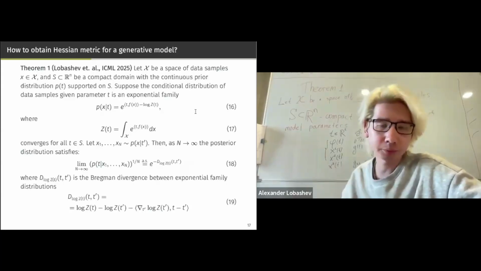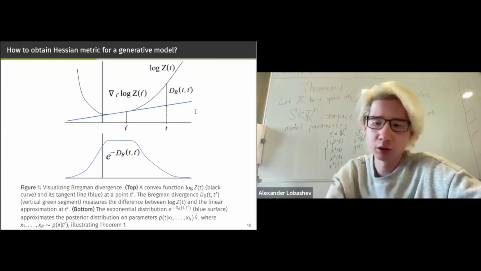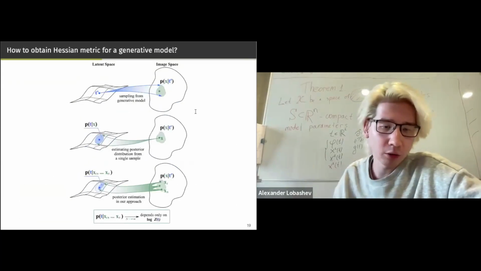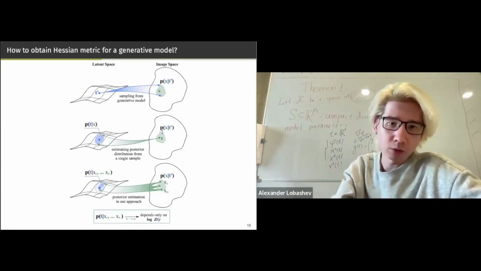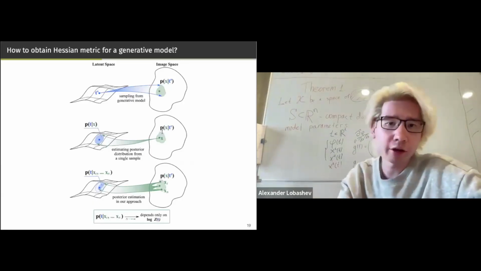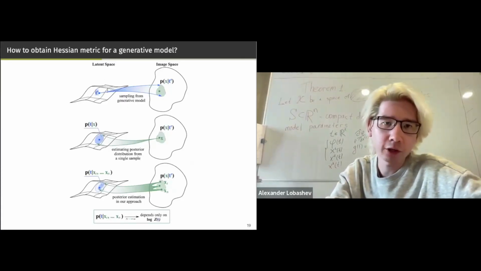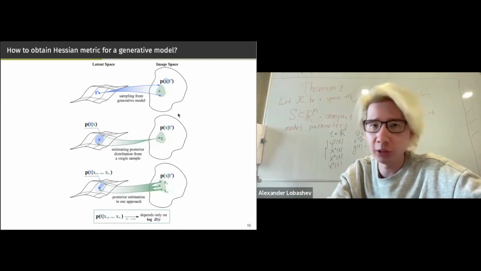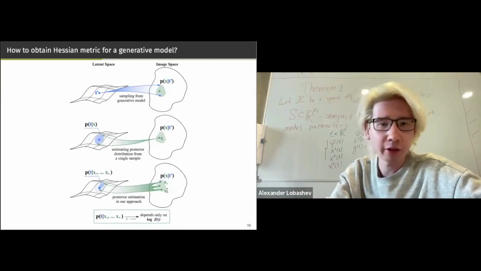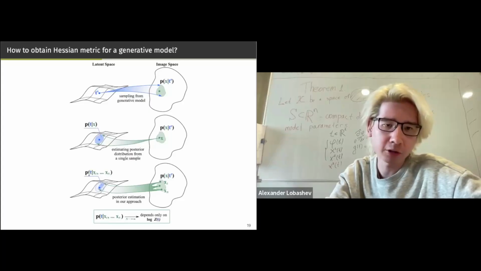So let's look a bit at an illustration. What does this theoretical result actually state? Suppose that we have a generative model. We could sample as many images as we want. And then we have a function which estimates our parameters on the space of parameters.